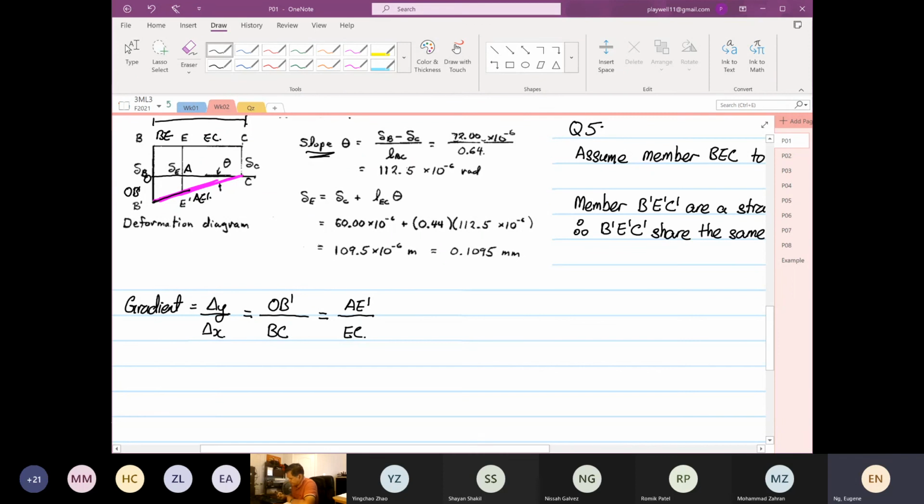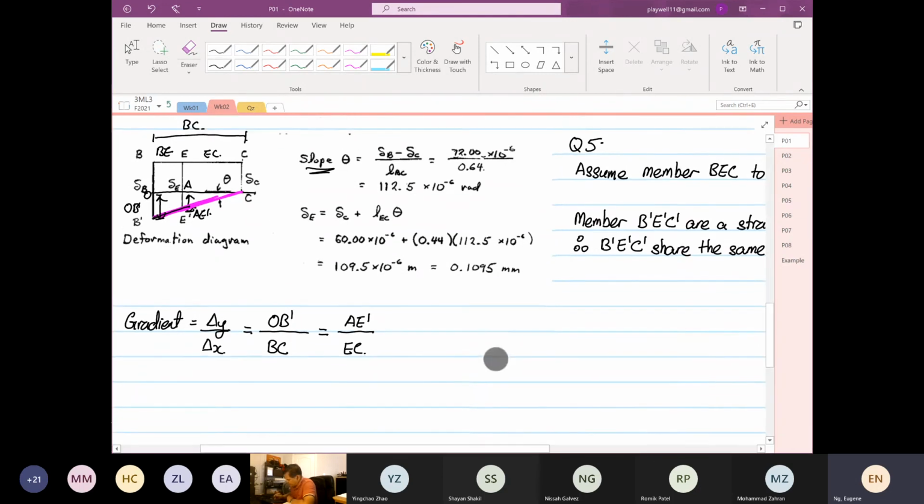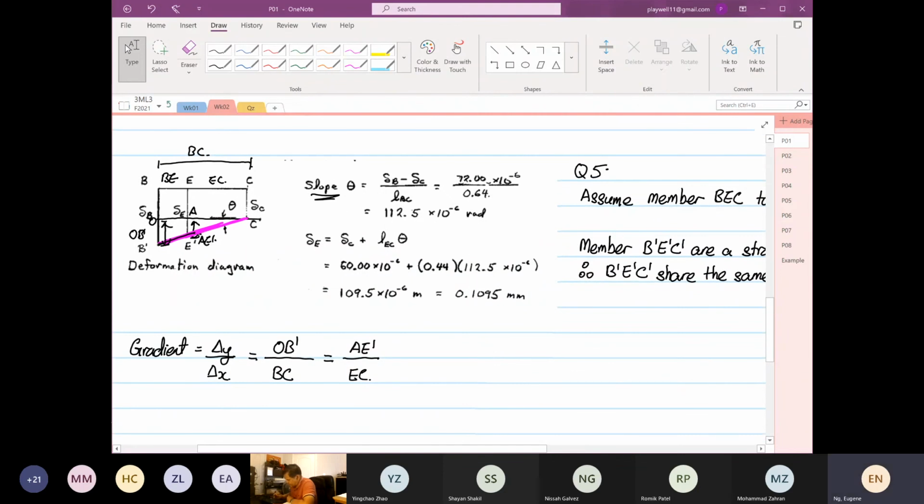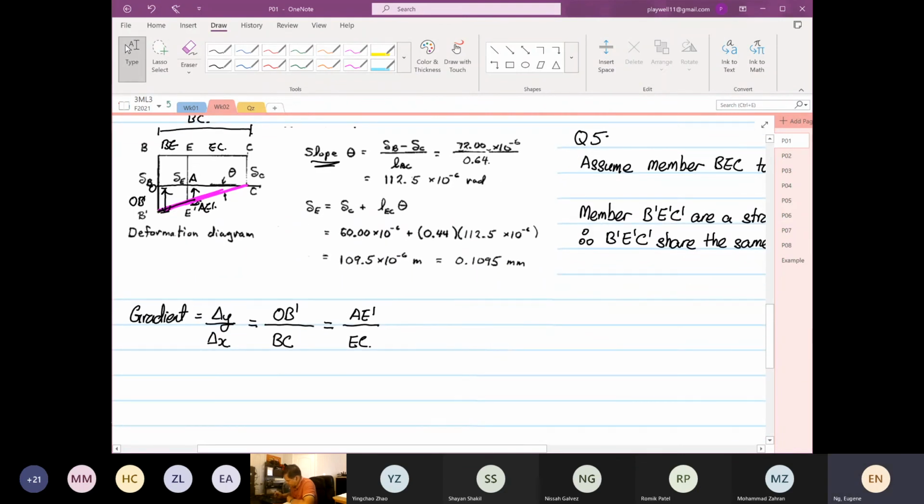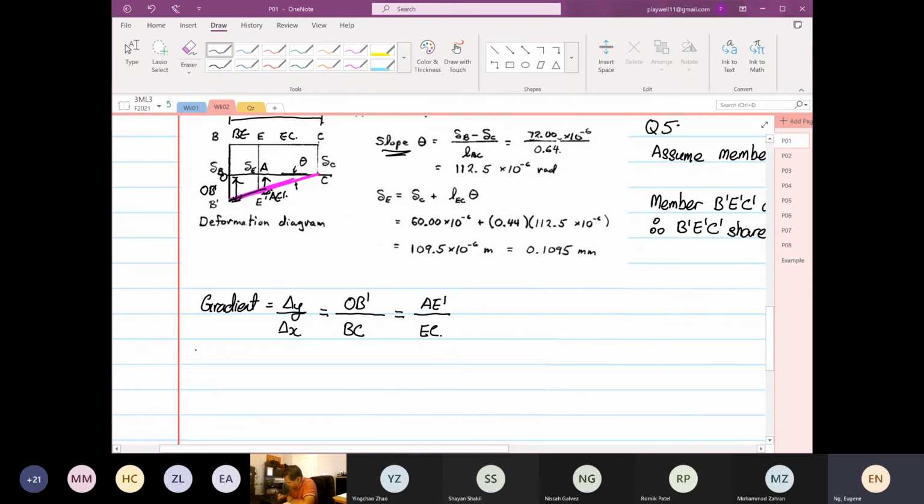So this is EC. If you look at OB prime, the distance we are taking is from here to here, and the distance taken is from here to here. If you look at the distance BC, I'm trying to relate it to the distance over here now.